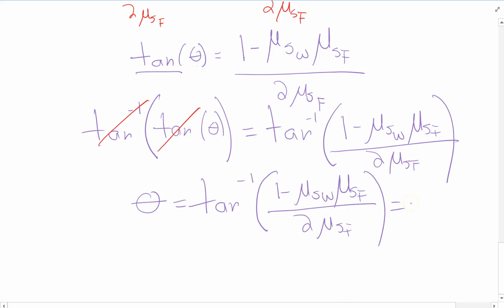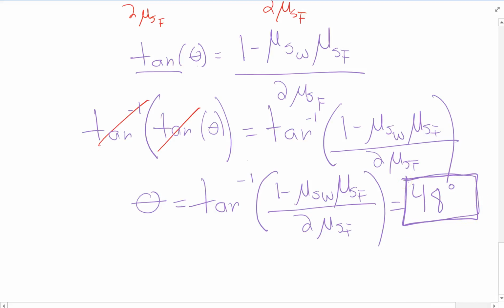And if I go to my calculator and I plug these all in, and I'm in degree mode, not in radians, I'll be able to find an answer. And that answer would be 48 degrees. That would be my answer.